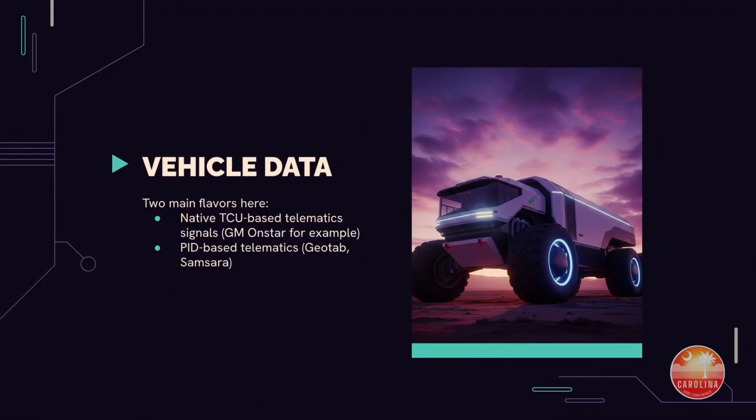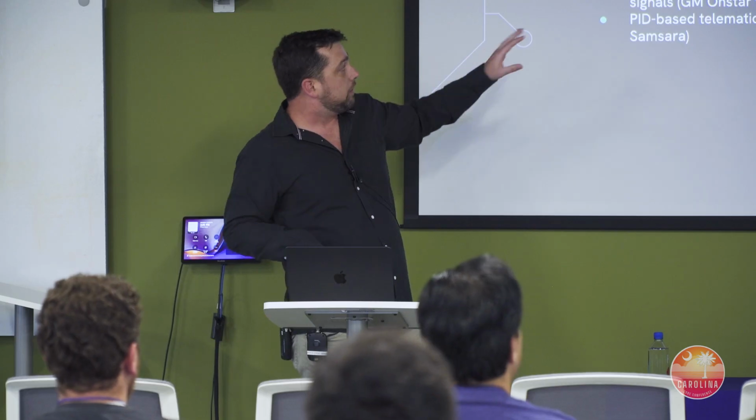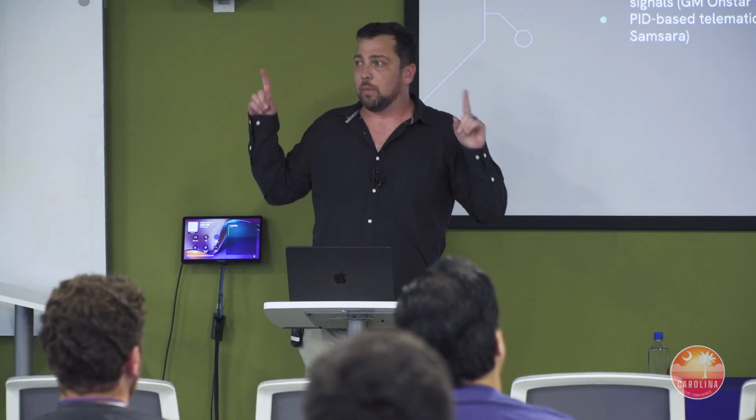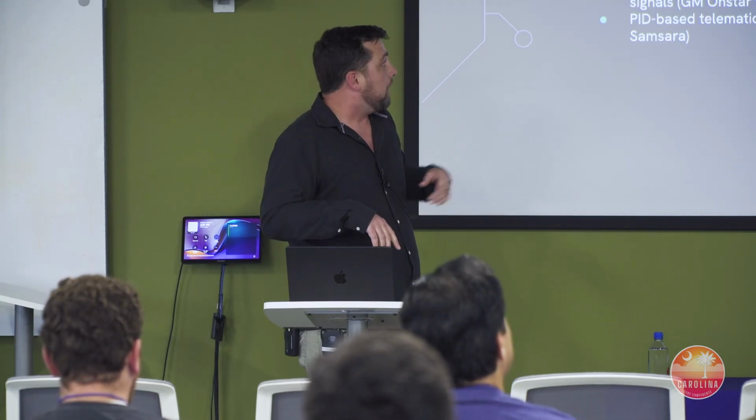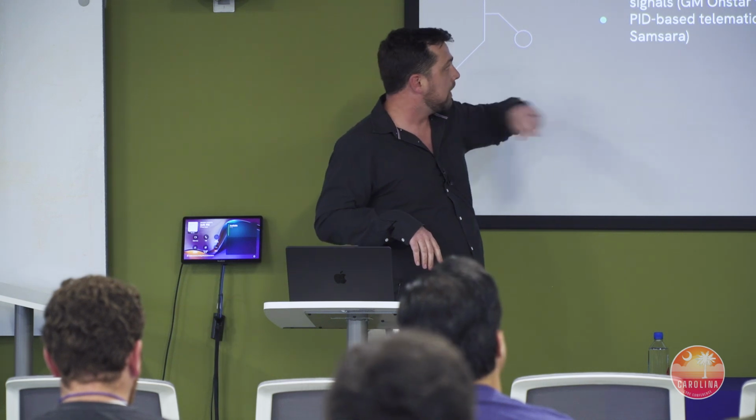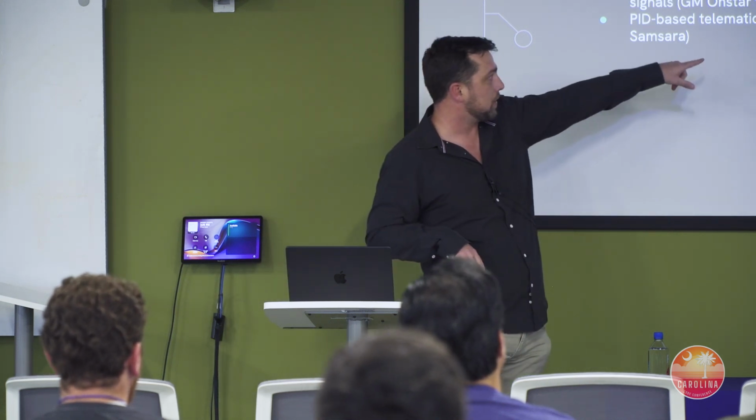It's a natural complement to charger data because both of those two things are part of the same problem. There's really 2 flavors here. This isn't super important, but I think it's neat. Vehicle data, like almost every vehicle coming off a line now has a cell modem in it, has native telematics sending data home to the mothership, right? And then there's a second type, which is PID-based. I put examples here, Geotab and Samsara.